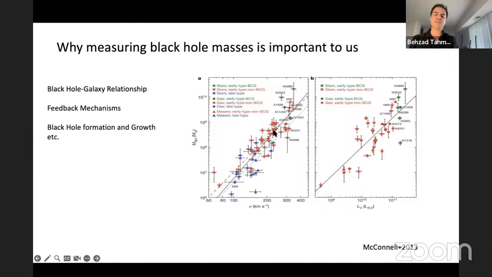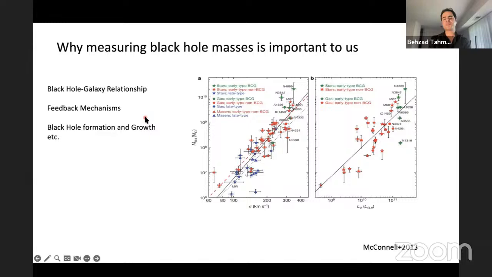And in each of them, when we take a look, we will see a clear trend between the properties of the host galaxy and the mass of the black holes. However, most of these measurements are done for the most massive galaxies. And when we go toward the lower mass galaxies, we will see the dispersion get larger and larger, and I will talk about it.